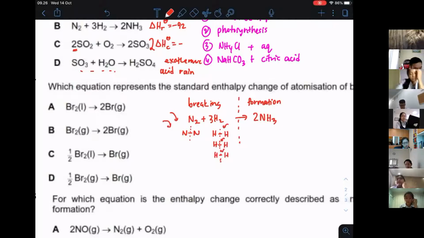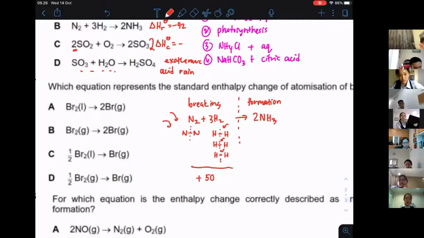Now imagine that when I add all this energy, I get positive 50. Just take a random answer here.